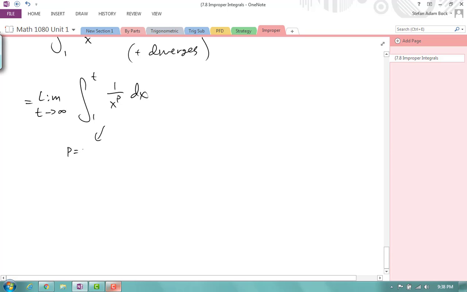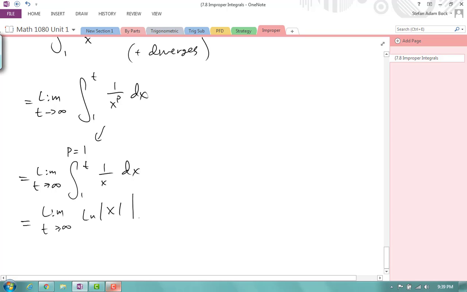If p is equal to 1, the integral of 1 over x dx gives me the antiderivative of the natural log of the absolute value of x.